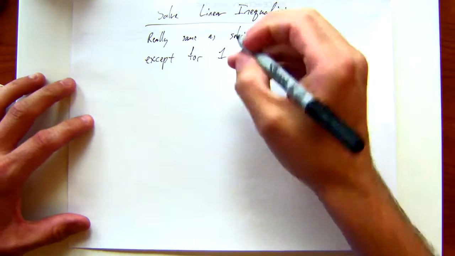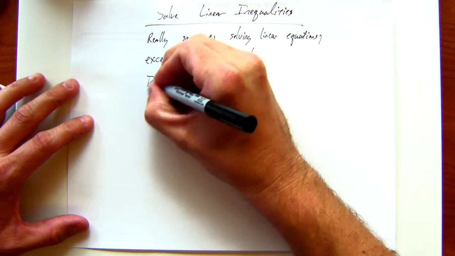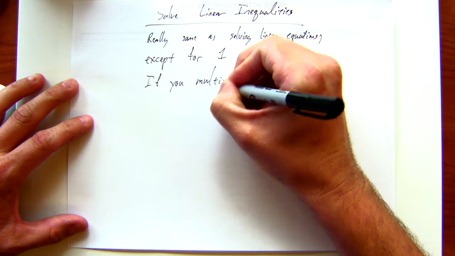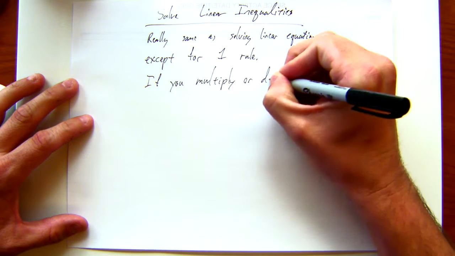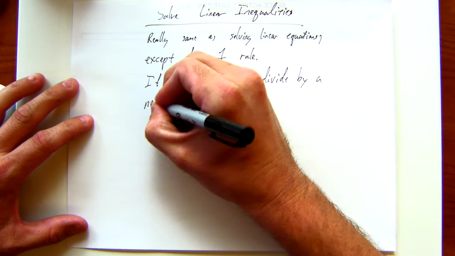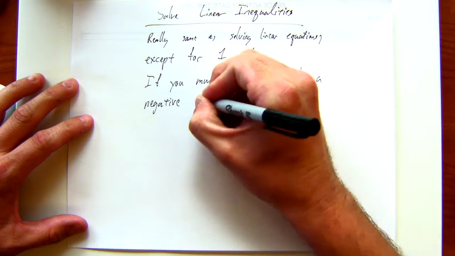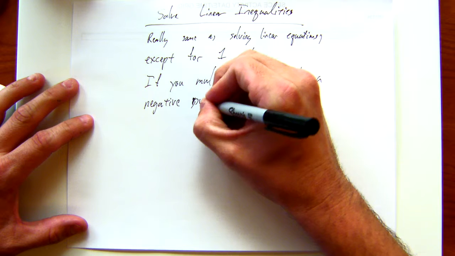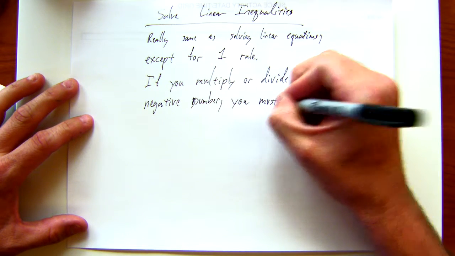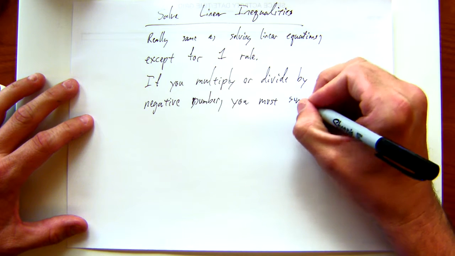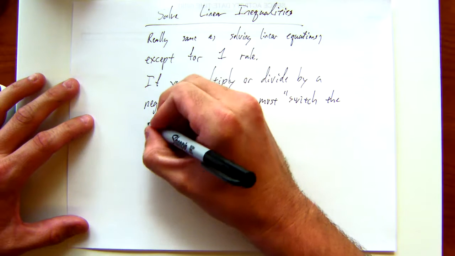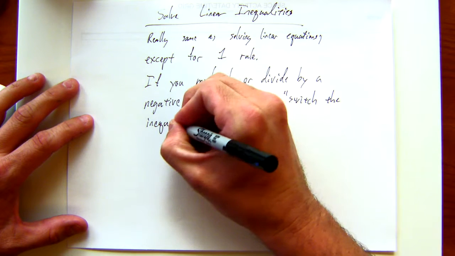No one remembers? The rule is if you multiply or divide by a negative number, that's a number, you must switch the inequality sign.